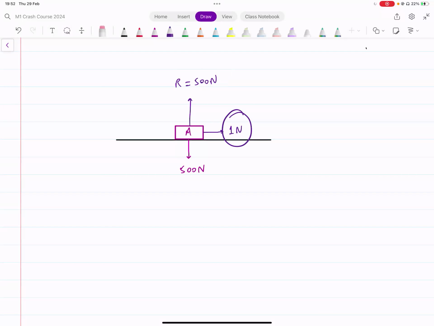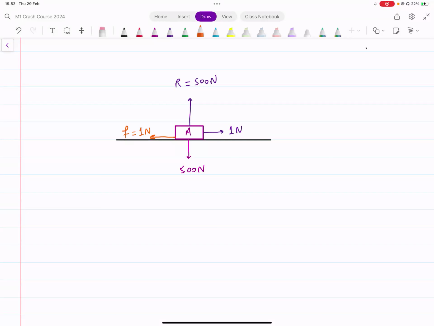Why is that? Because there's some friction between these two surfaces. There's some friction between the block and the surface. That is making the object stay in its position. Where is that friction going to apply? We're applying a force of 1 Newton to the right side. The friction between the surface and the block is going to stop that by applying an equal force on the left side of 1 Newton.